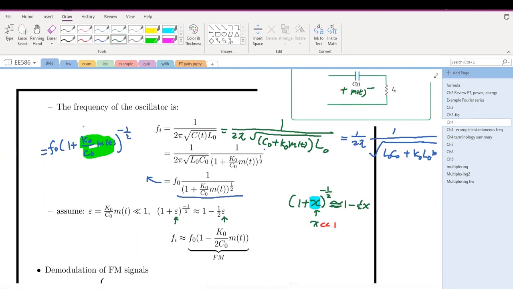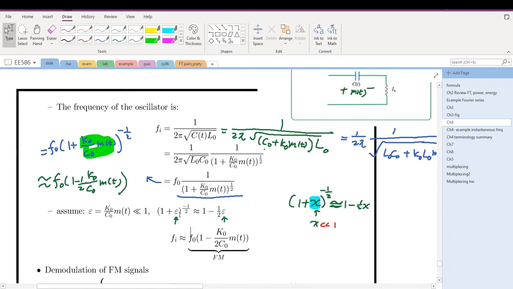Therefore, this approximately equals f0 times (1 minus K0 over C0 times m(t)). There's a half here, so this is exactly what I have here.